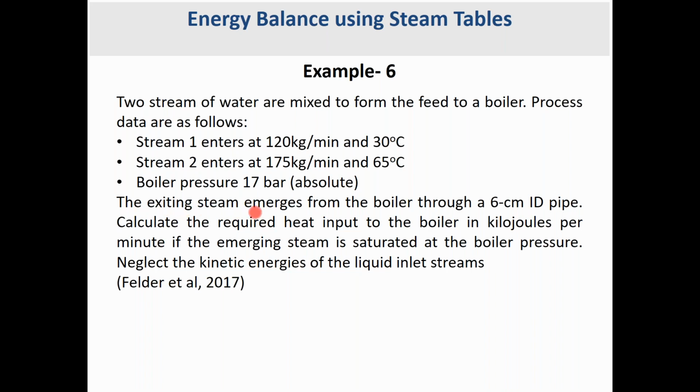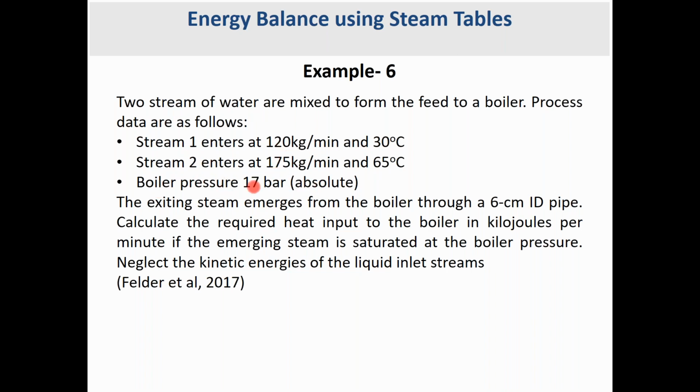The exiting steam emerges from the boiler through a 6 centimeter ID pipe. Calculate the required heat input to the boiler in kilojoule per minute if the emerging steam is saturated at the boiler pressure. Neglect the kinetic energy of the liquid inlet stream. So what we have so far, we know that all of them are the same component, that is water, in 2 different phases. Inlet is liquid water at 2 different temperatures and 2 different mass flow rates.